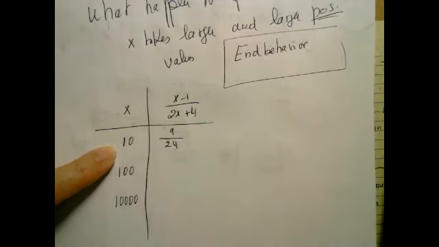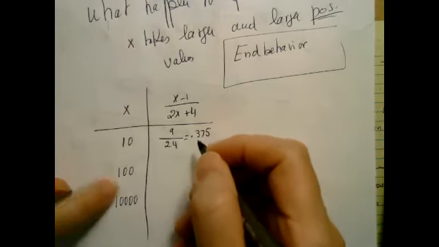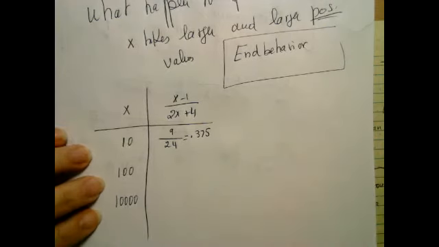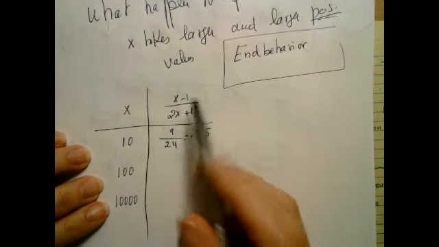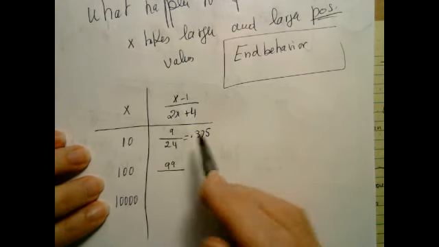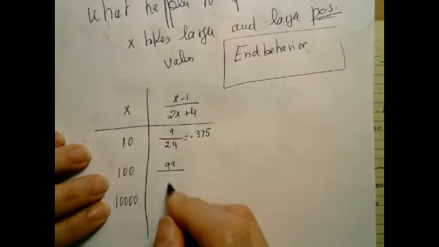So we're going to compute a little bit to get an idea of what's going on. I'm getting 0.375. Now I'll take x equal 100, a larger value to speed up the process. 100 minus 1 is 99, over 200 plus 4, 204.